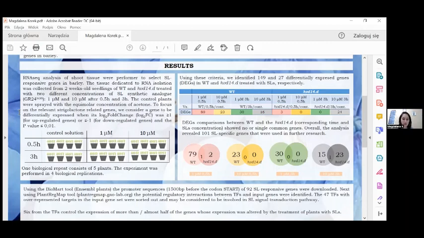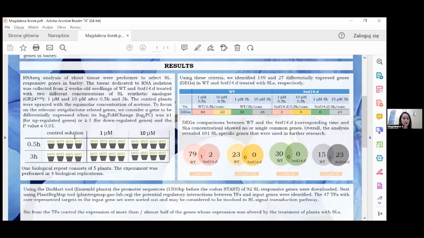Both genotypes were treated with 2 concentrations of a strigolactone synthetic analog, 1 micromole and 10 micromoles. After half an hour and 3 hours of treatment, the tissue was collected to isolate the RNA.